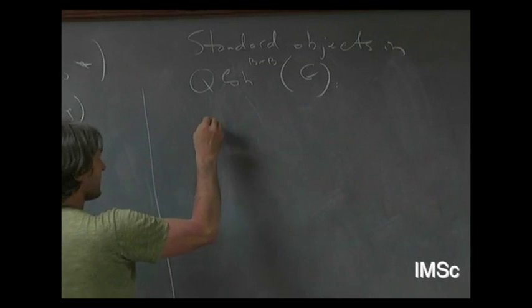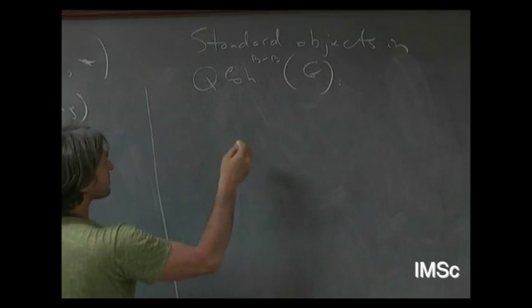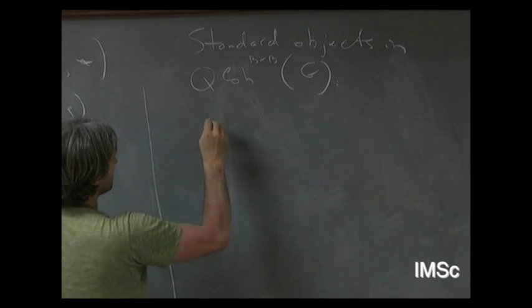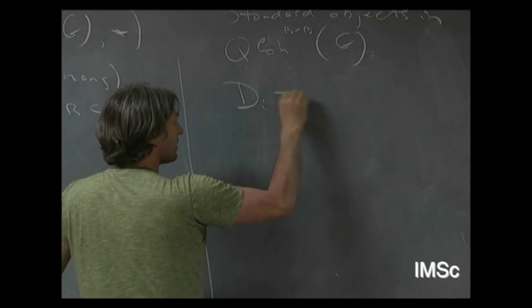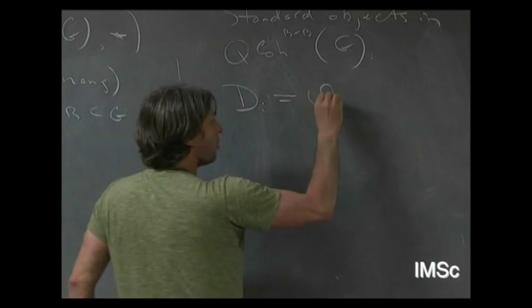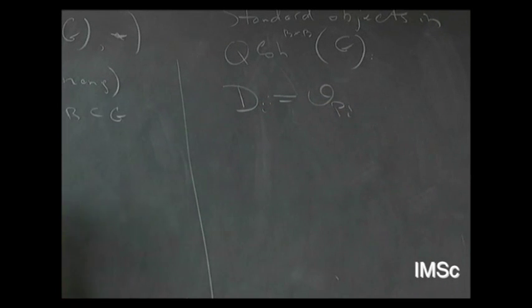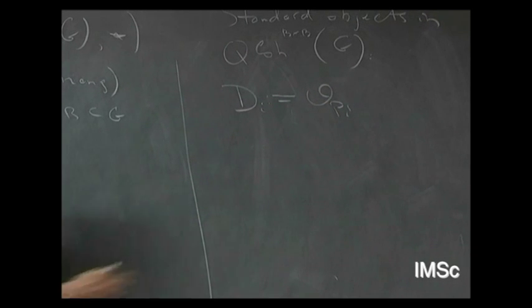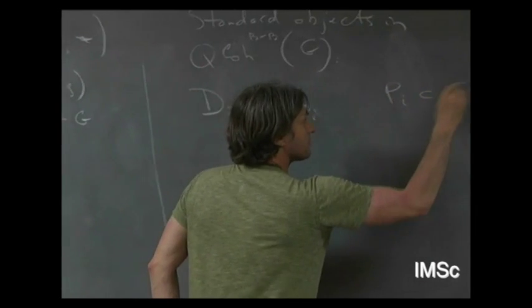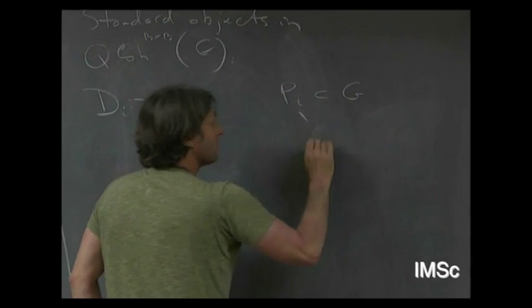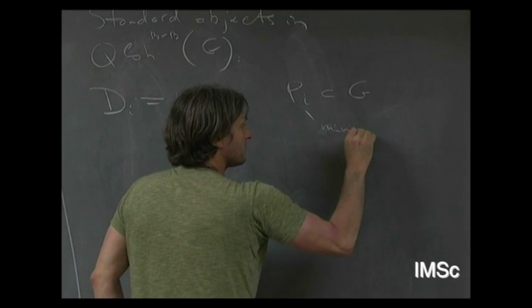So let's take standard objects, which I'll denote by D_i, to be just O_{P_i}. P_i, you remember, are these elementary, so minimal parabolic subgroups.